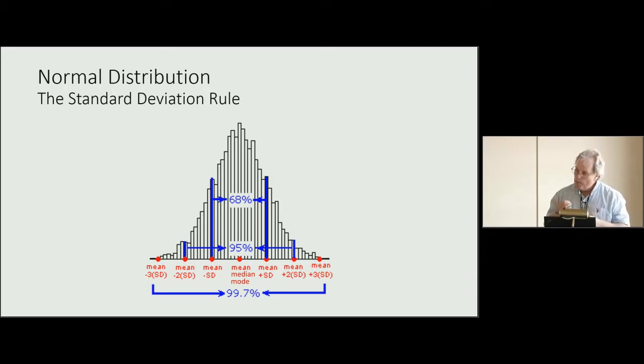One of the most well-known distributions is called the normal distribution, also known as the bell-shaped curve. And so this is an example of a normal distribution. So you can see that it's symmetrical about the mean, and the peak of this distribution, the mass, occurs at the mean, median, and mode.